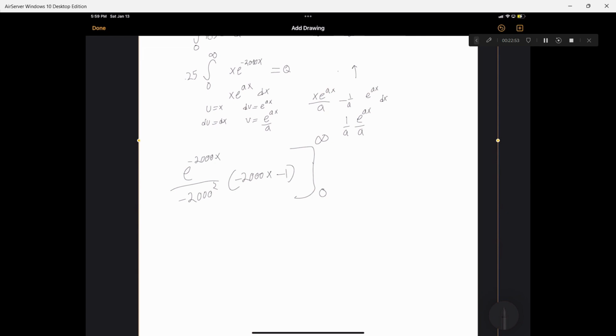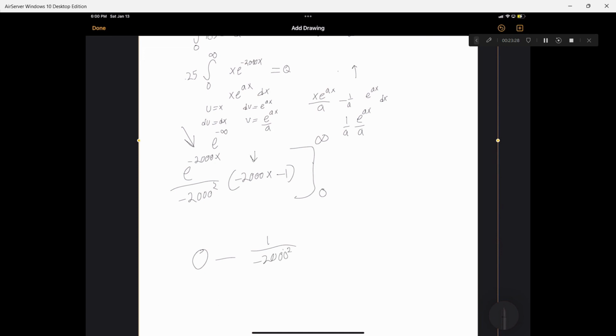So as negative 2,000 approaches infinity. Actually, here, since that's negative 2,000, if you plug in infinity into x, it's e to the negative infinity, this will approach 0. And that'll make this whole thing 0. Minus, well, negative 2,000 times 0 is 0. So e to the 0 is 1 over negative 2,000 squared.